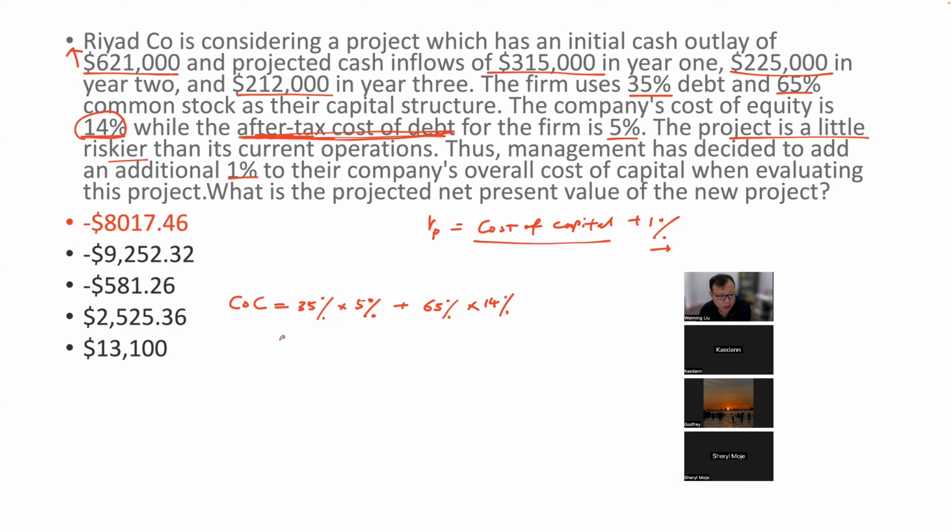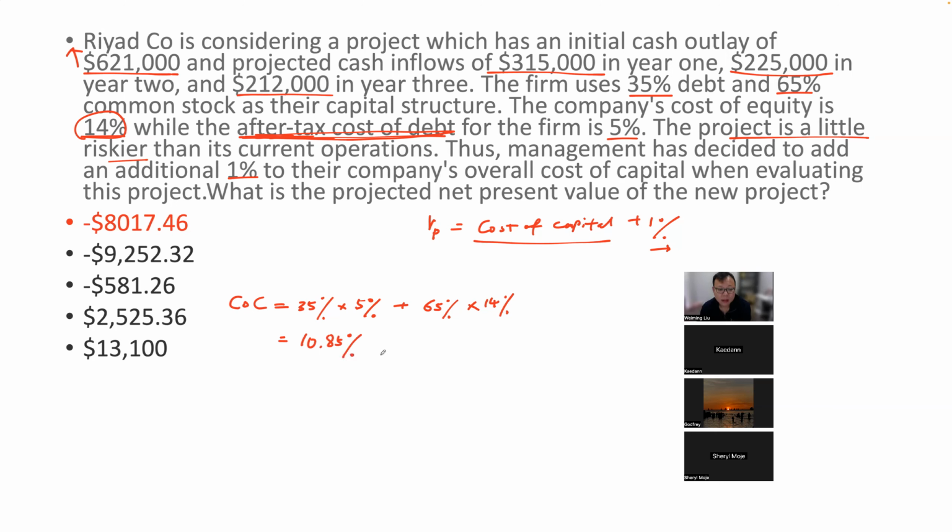Let me quickly do a calculation here. What do I get? 0.35 times 5 is 1.75, and 0.65 times 14 is 9.1. So I have 10.85, which means 10.85%.